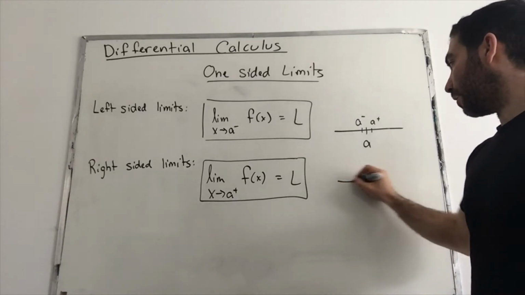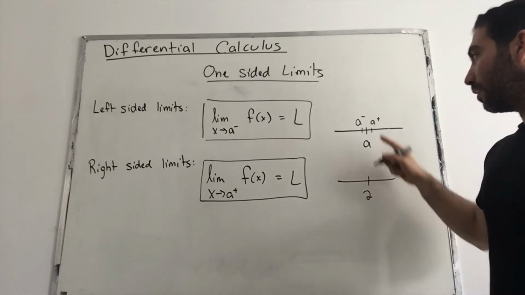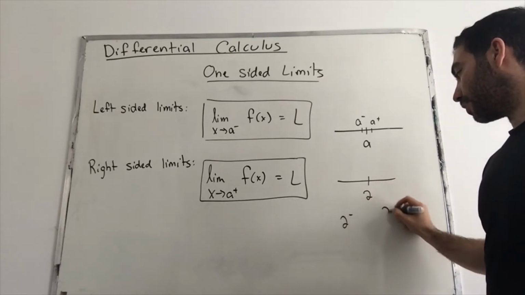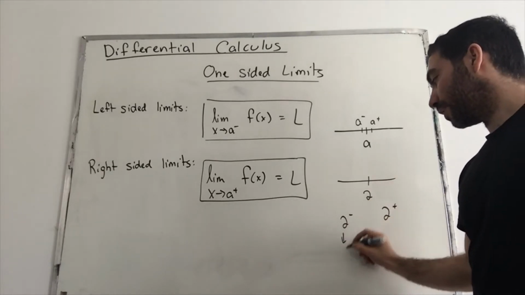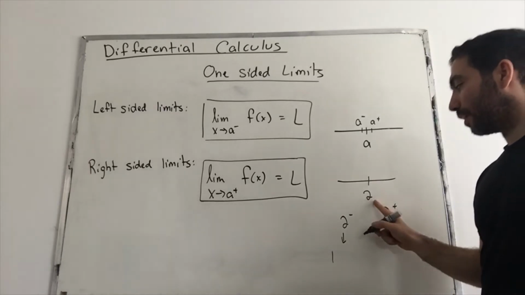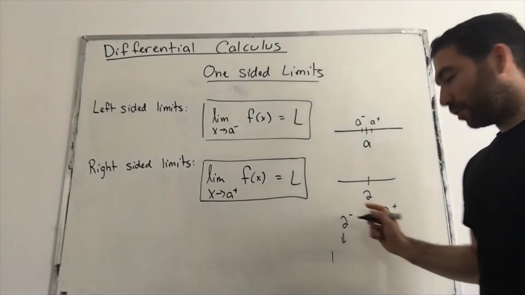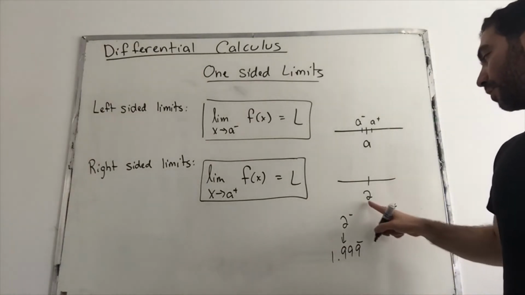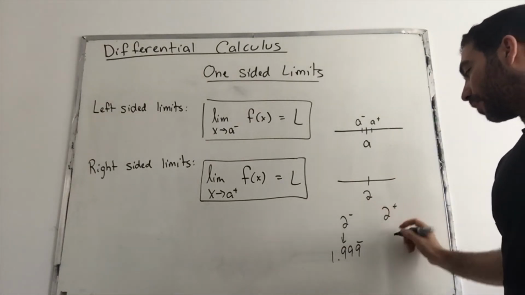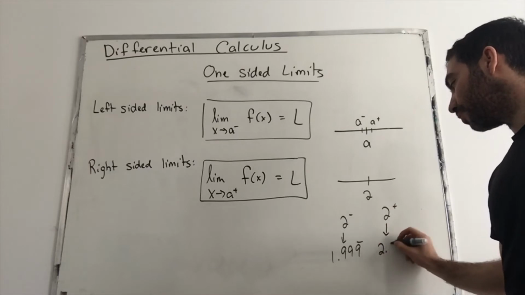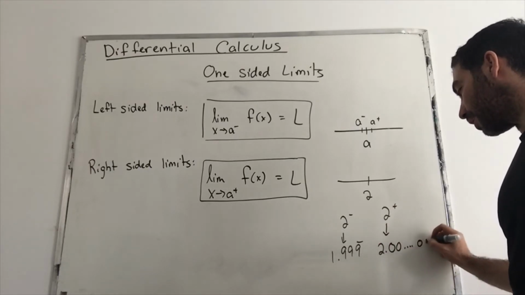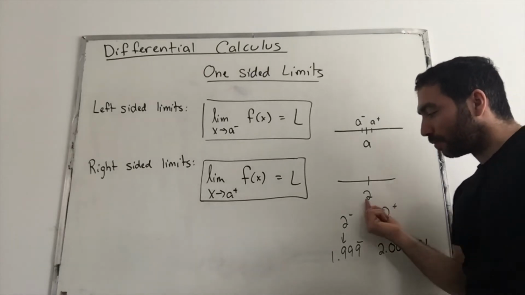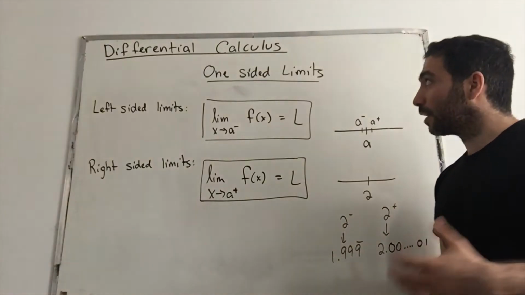So essentially, if a is 2, then 2 negative and 2 positive, what you're really thinking of is a value that's very close to 2, but slightly to the left of it, which is essentially 1.9999 repeating. And a number that's very close to 2, but on the positive side, you're thinking of the value 2.00, a bunch of zeros, and ending with a 1. So something that's really close to these values, but one that's slightly to the right of it, and one that's slightly to the left.